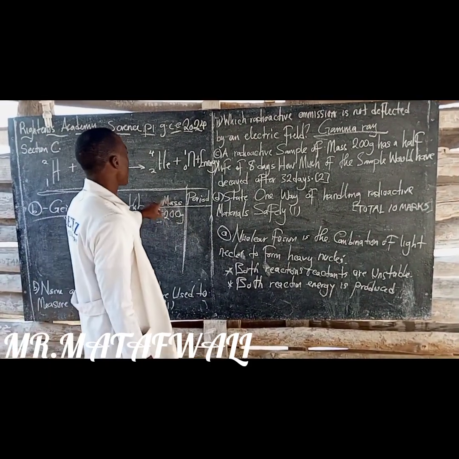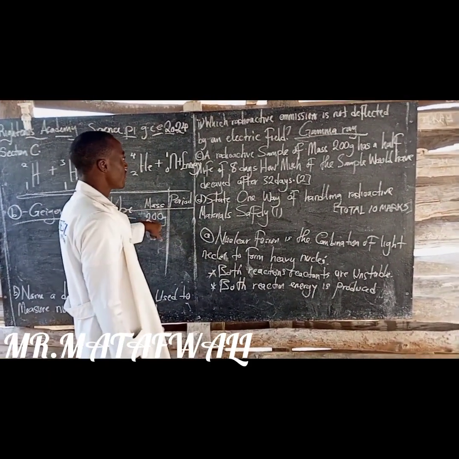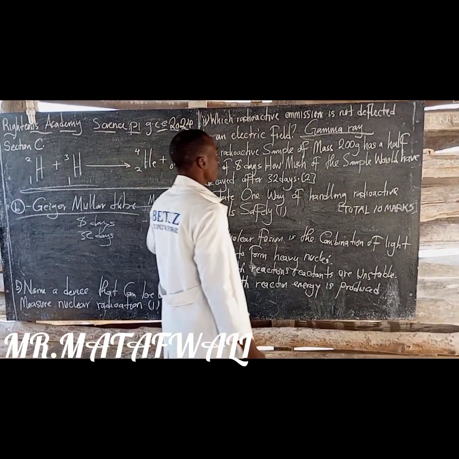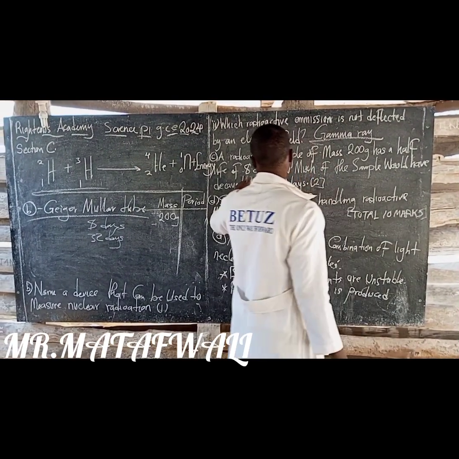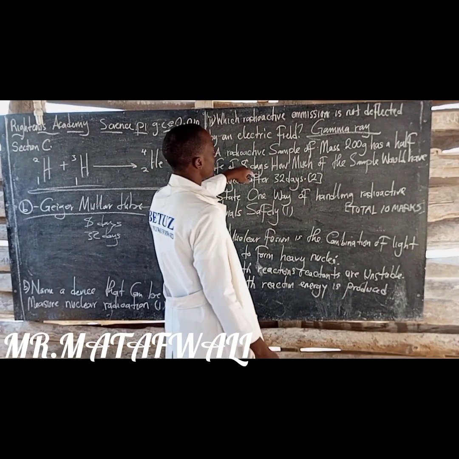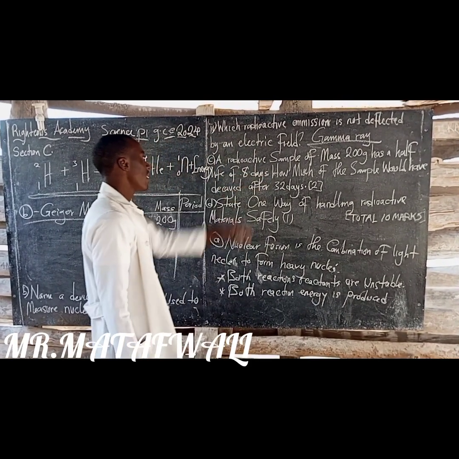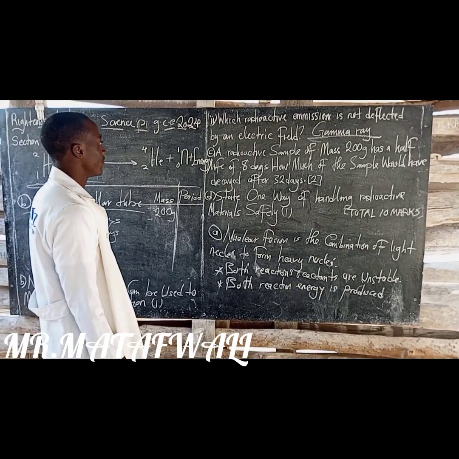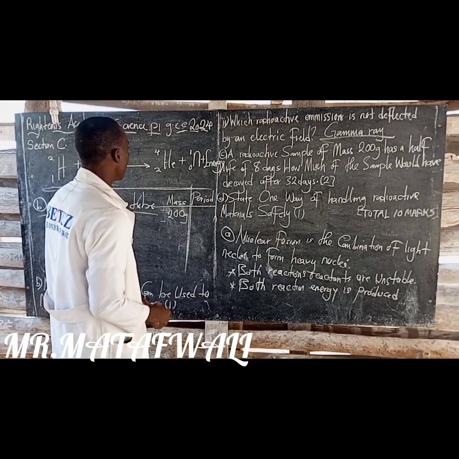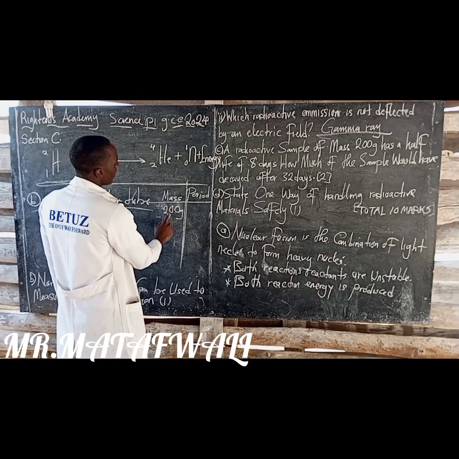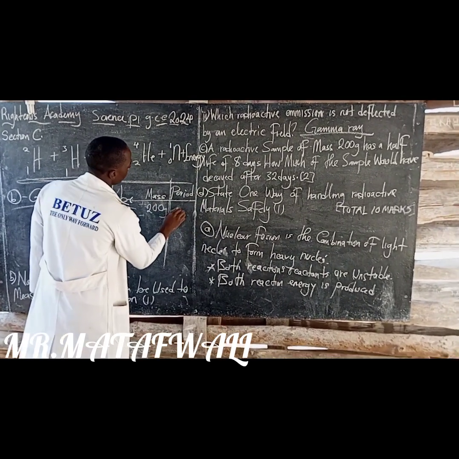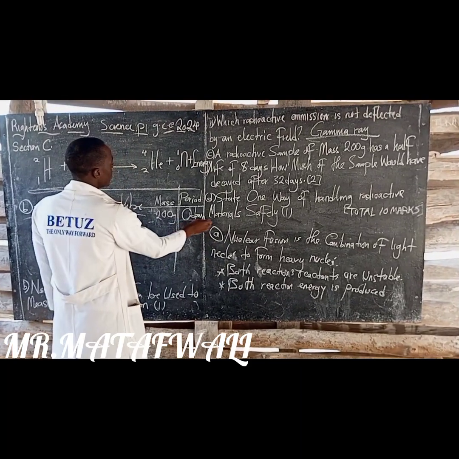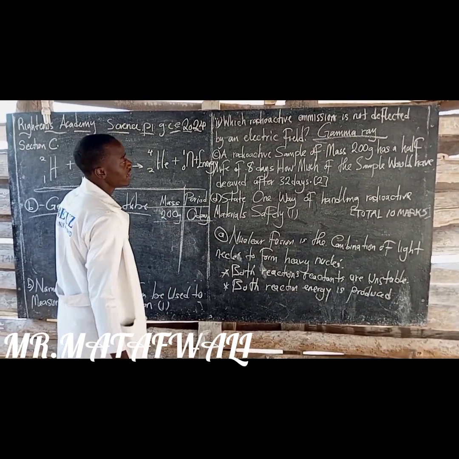When the radioactive sample was 200 grams, the period which had passed was 0 days. So this was the original mass of this radioactive sample.